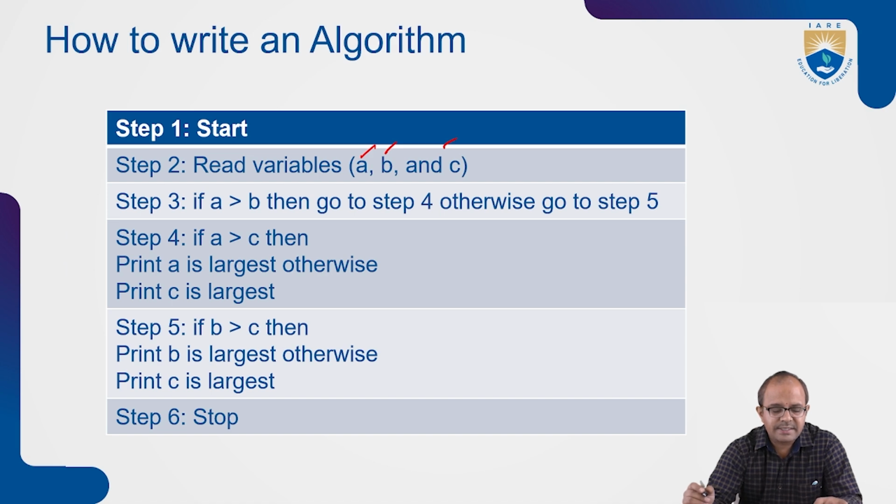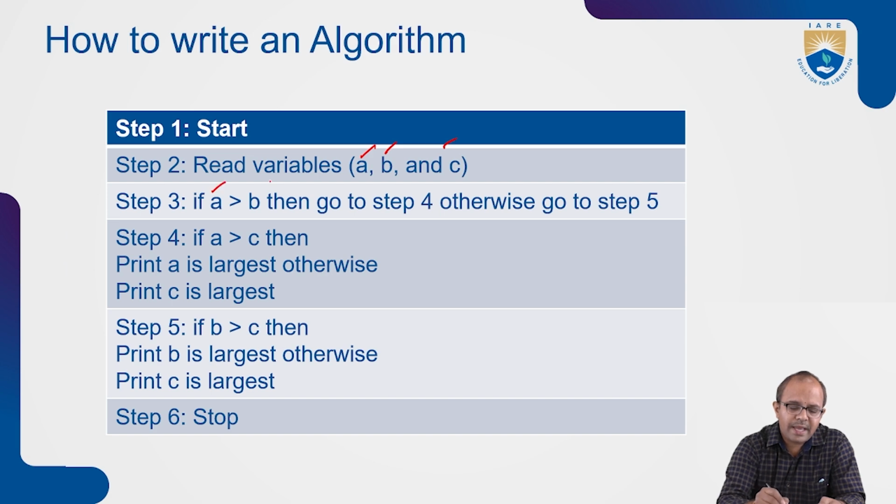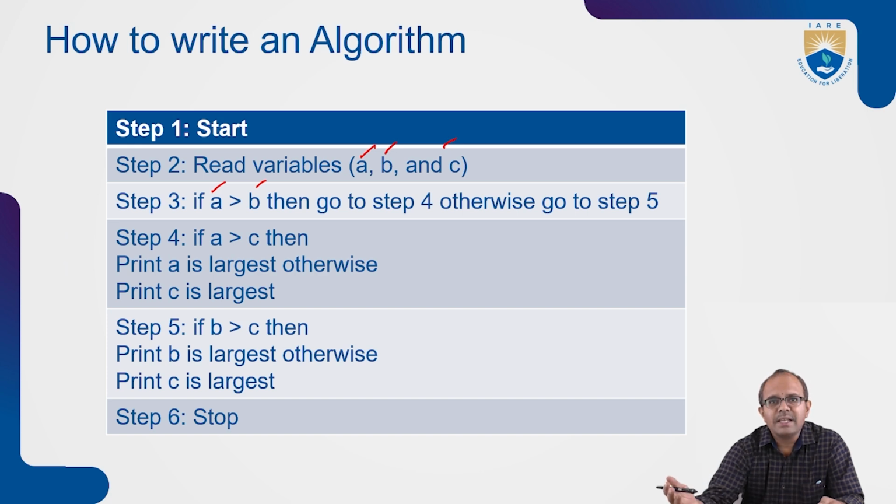Let us say in step 3, I'm going to bring an if condition, a conditional statement, to verify the two values. I want to compare the values of A and B. Now express a conditional statement: if A greater than B.